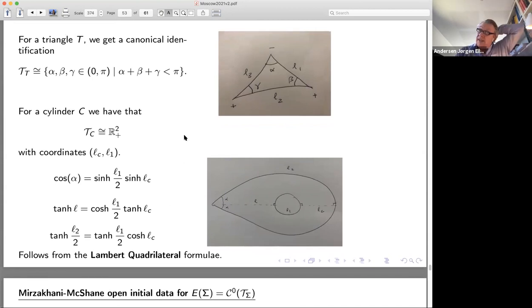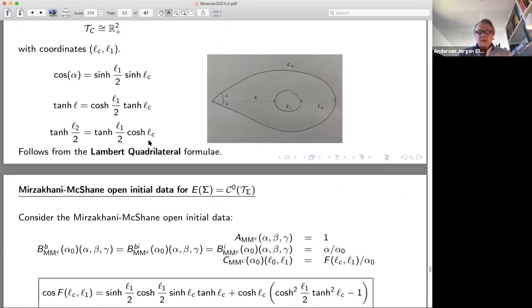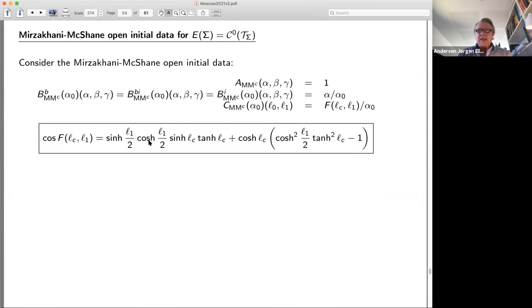So now I just need to specify functions of 3 variables, alpha, beta, gamma, and functions of 2 variables, L and C, and then they have to satisfy certain analytic estimates, and I get functions on Teichmüller space. And if you take the following nice choice, take A to be 1, and take the B's to be very simple: you fix some alpha 0, which is an angle at the vertex you're working with.